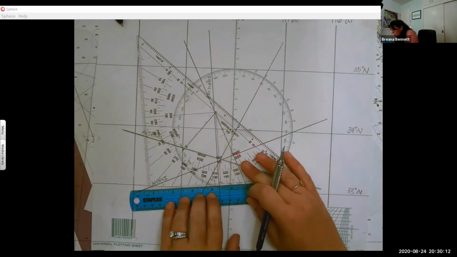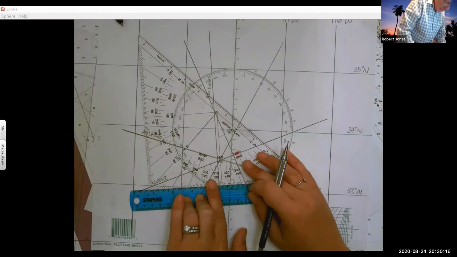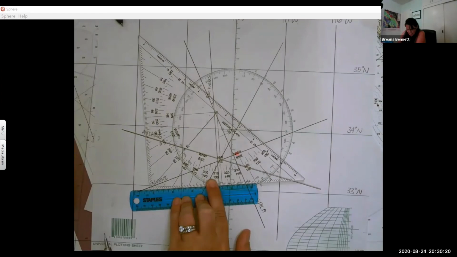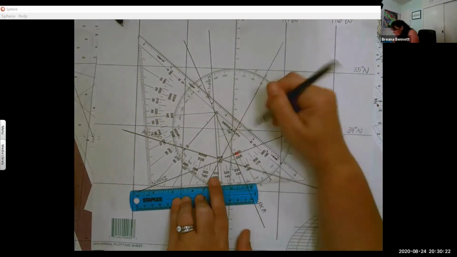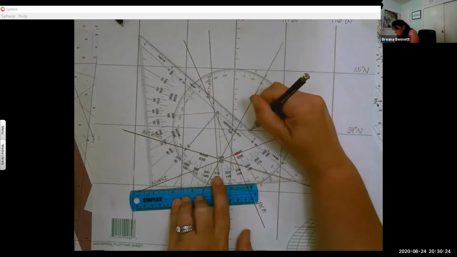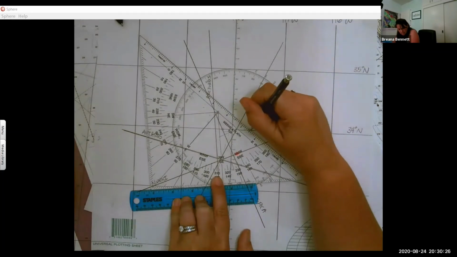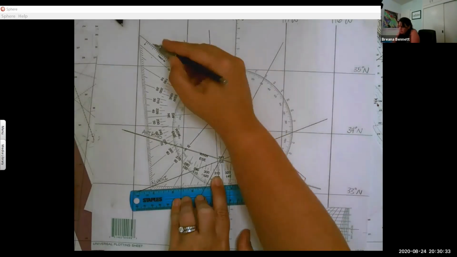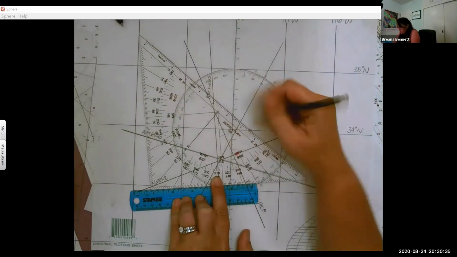Well, this is going to be off. Are we sure it's towards? Yeah, it is towards. That's not 20.